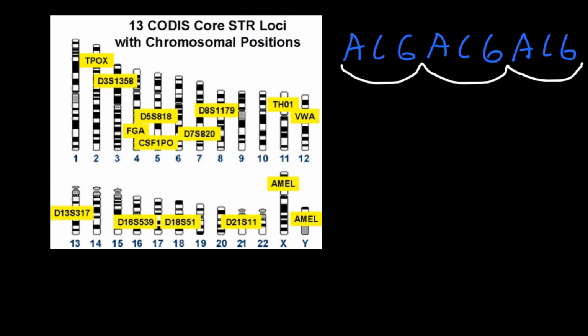Imagine that on chromosome number 2, at the locus, on the chromosome that you got from the father side, you have 3 repeats, and on the chromosome that you got from the mother side, at the same locus, you have 2 repeats of the same repeat ACG.